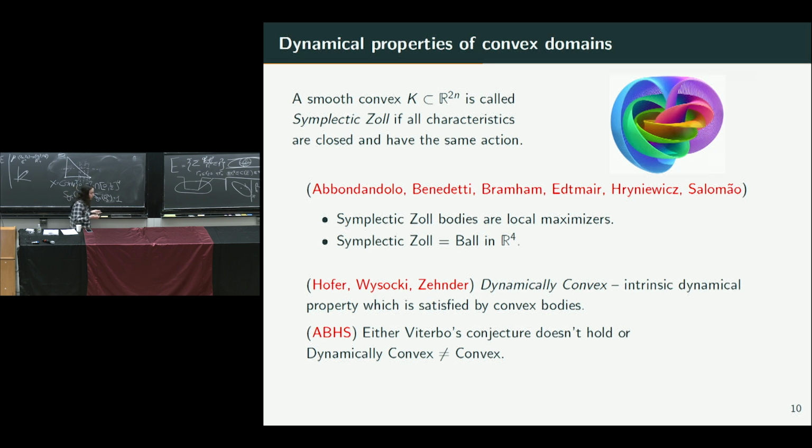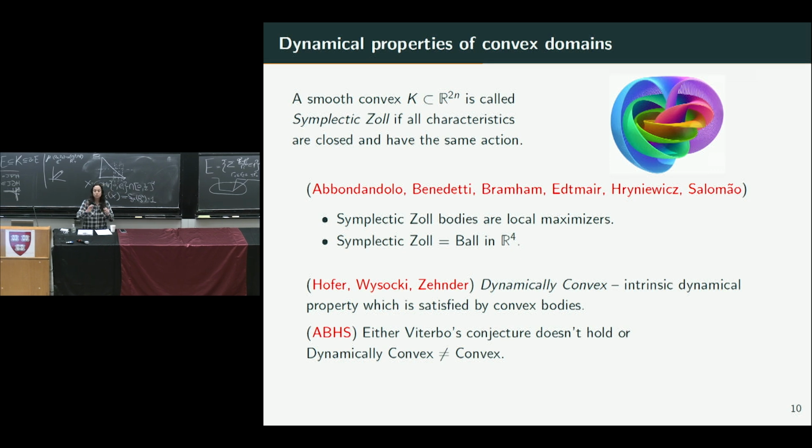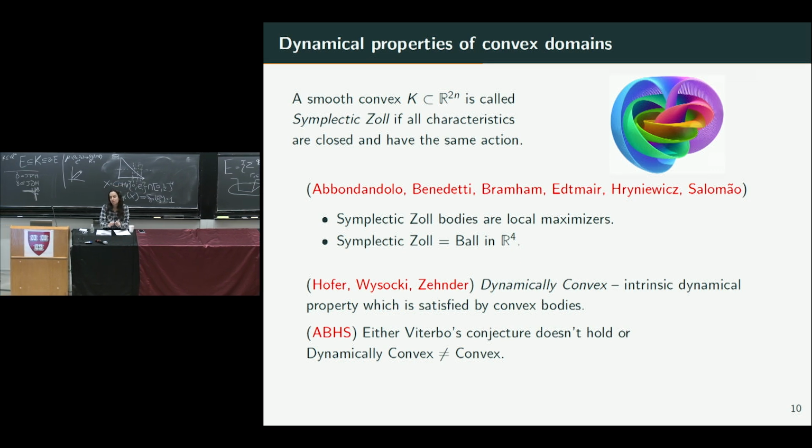The thought after this result was that either the Viterbo conjecture doesn't hold, or that dynamically convex is not equivalent to being convex. So very good. The exact thing they did was construct an example of a dynamically convex domain which violates Viterbo. So they could both be wrong, and in fact they are both wrong.